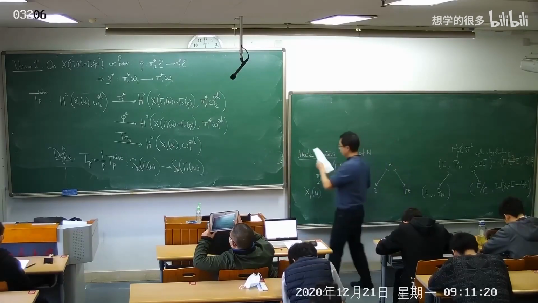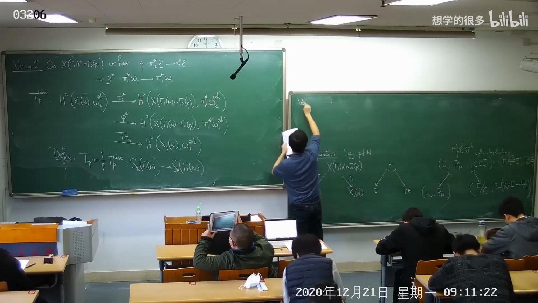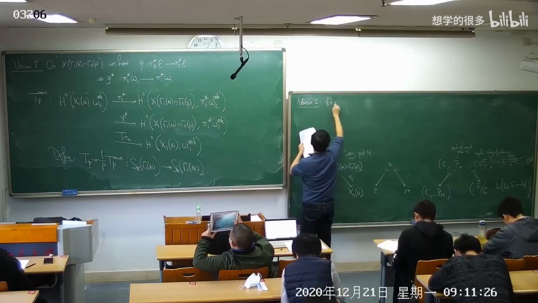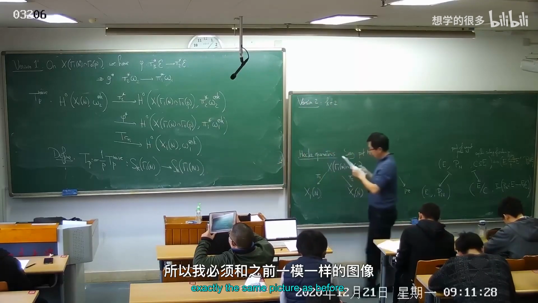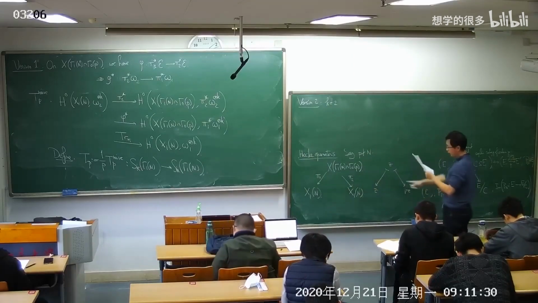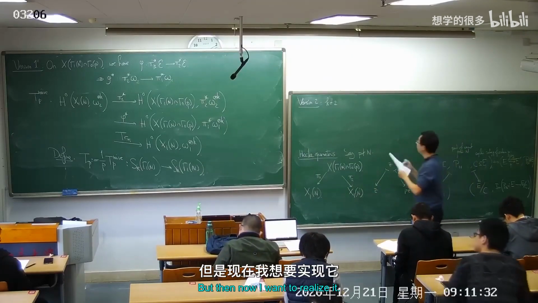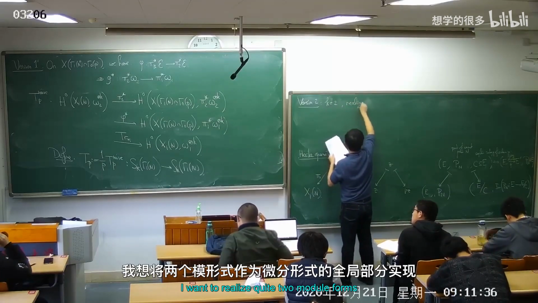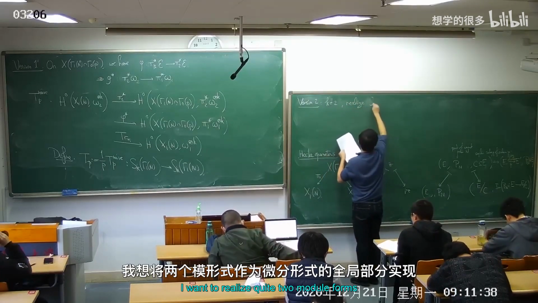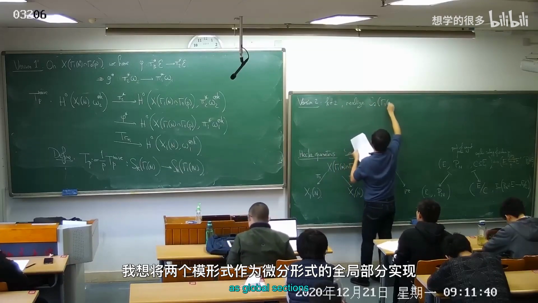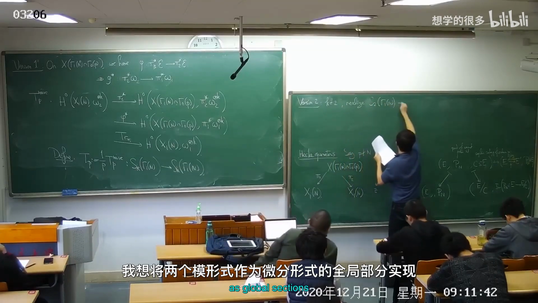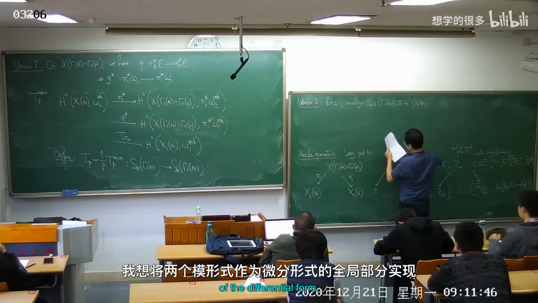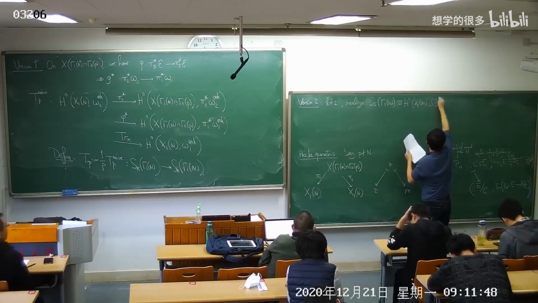And version 2. I'm only going to do it for k equals 2. So I have exactly the same picture as before. But now I want to realize weight 2 modular forms as global sections of the differential form.